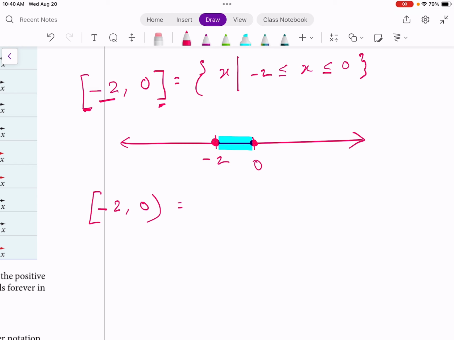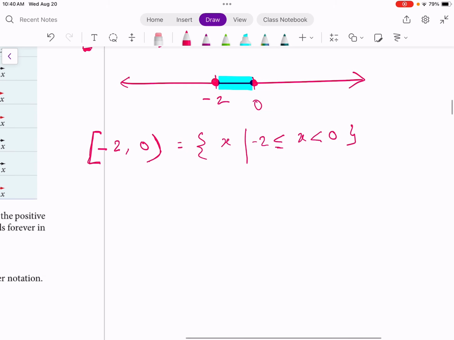Every number which is greater than or equal to -2 and less than 0 is here. We can write this as the set of x such that x is, so we have a bracket here, so you always make sure you have equals to: greater than or equal to -2, and we don't have a bracket, we have a parenthesis, so it's strictly less than 0.